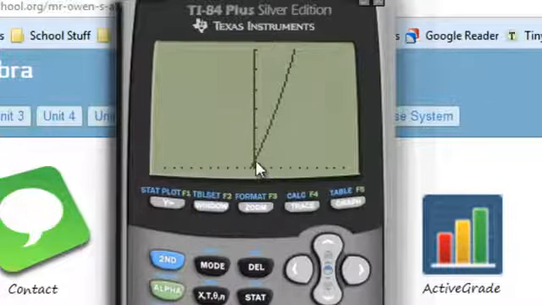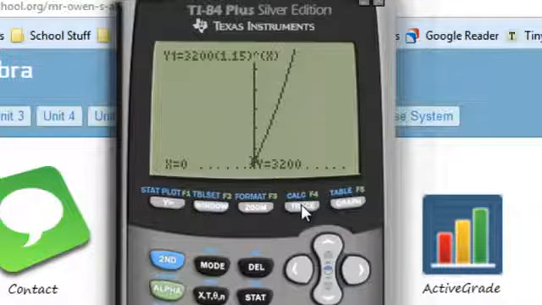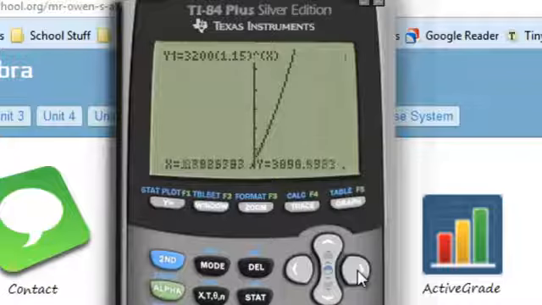Now we can see the y-intercept here and watch it curve up. Okay, if we want to analyze this graph, we can use the trace button right here and move around.